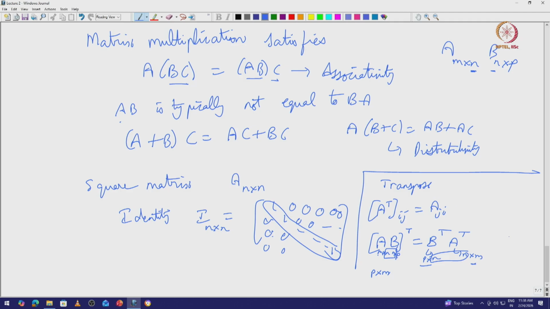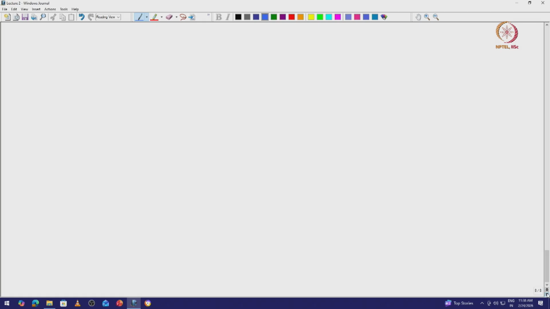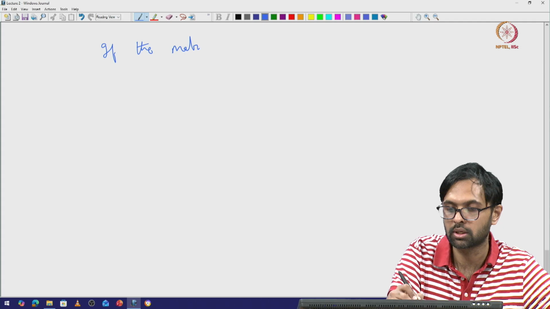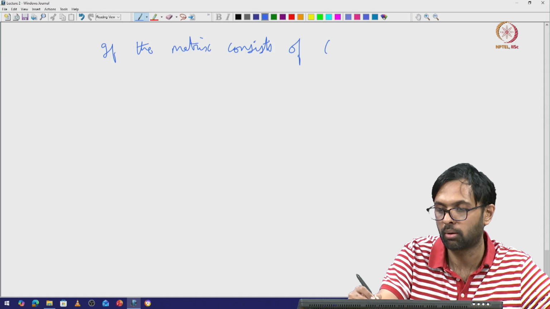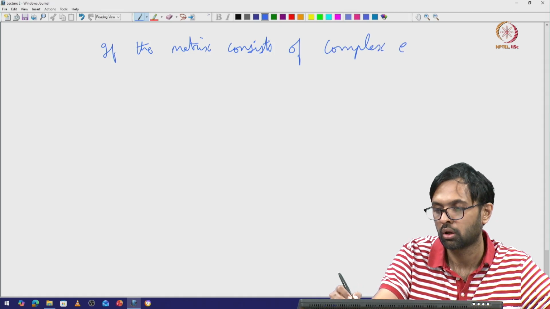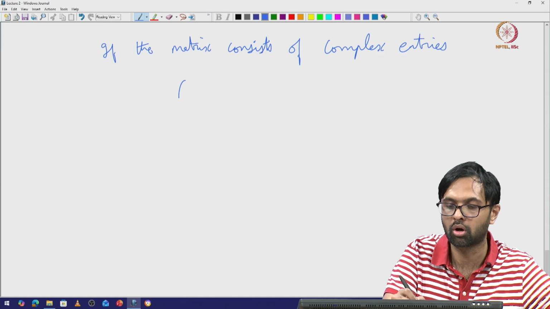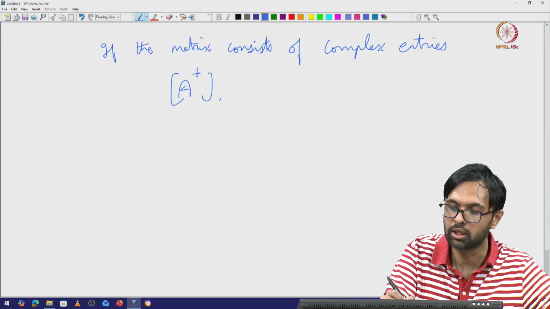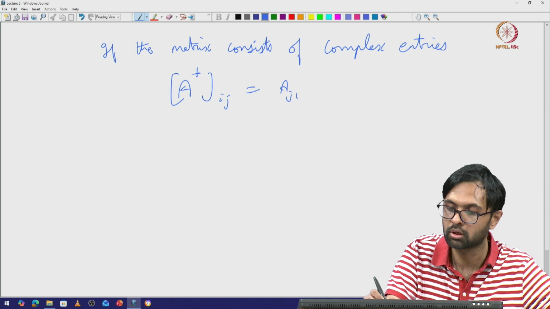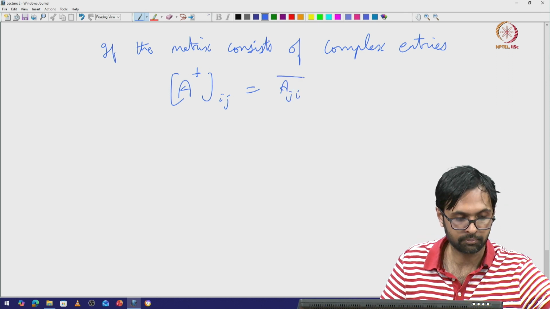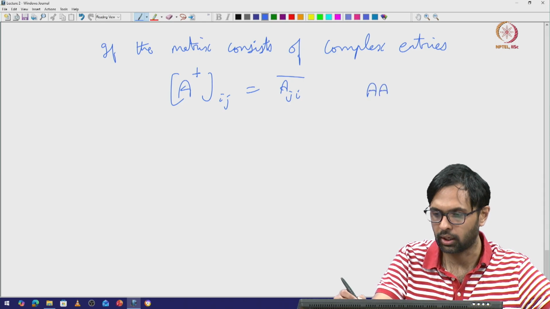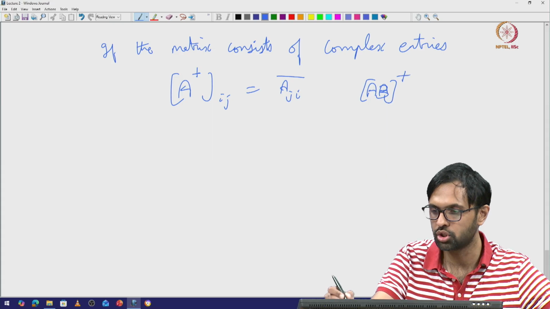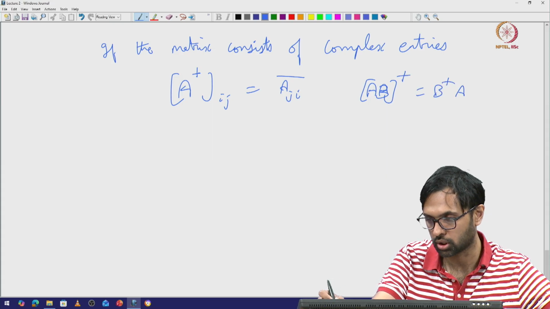Now, akin to transpose, if the matrix consists of complex entries, we can define the Hermitian conjugate, which is very similar to the transpose, except you have a bar on it. And likewise, if you take the conjugate of A times B, that's the same as B conjugate A conjugate.